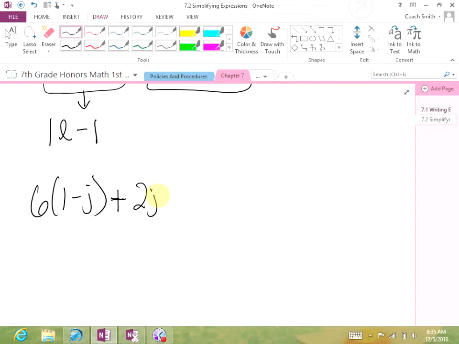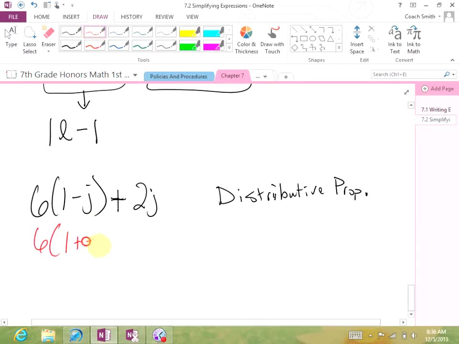Now, here we have to use the distributive property before we can start simplifying. So the first thing I'm going to do is change it to 6, 1 plus negative j plus 2j.